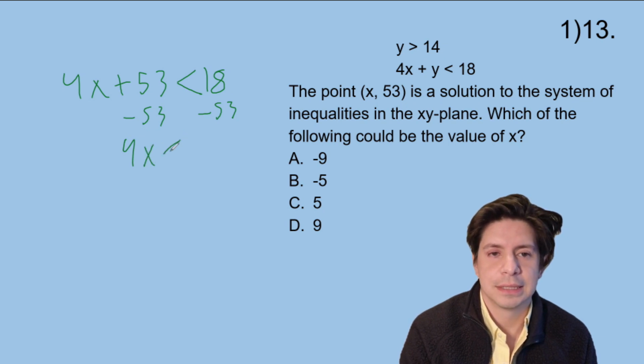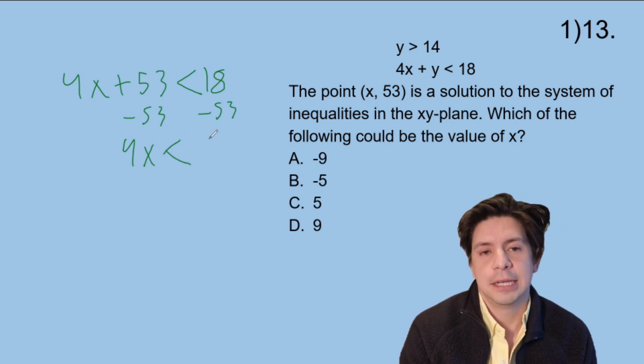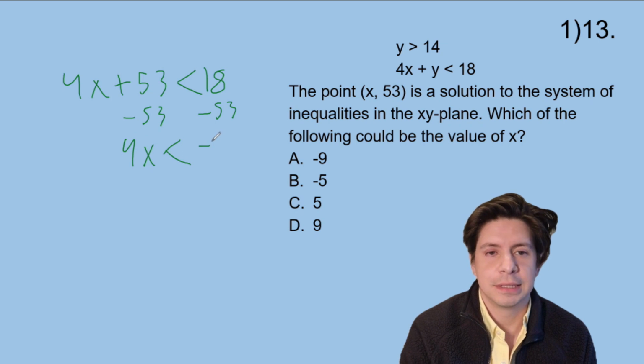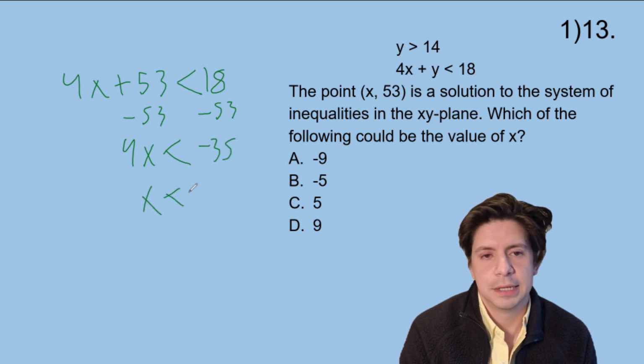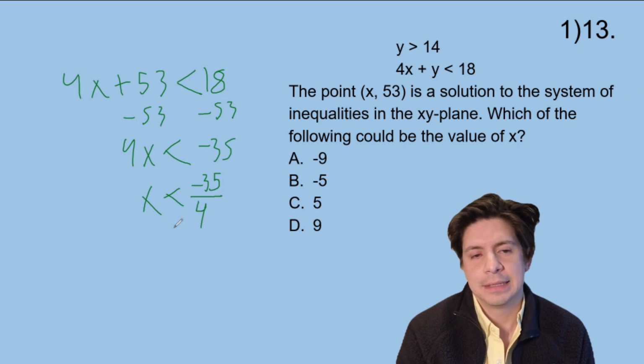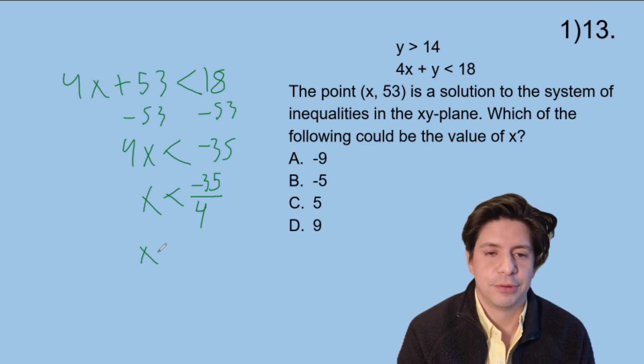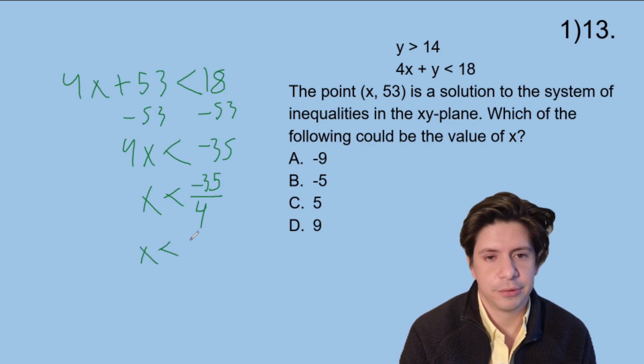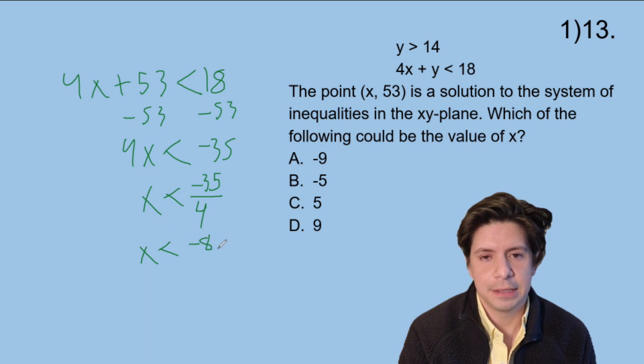So 4x is less than 18 minus 53, which is negative 35. So x is less than negative 35 divided by 4. And that is going to be, if we want to get into a decimal, right, or a whole number, or a mixed number, negative 8.75.